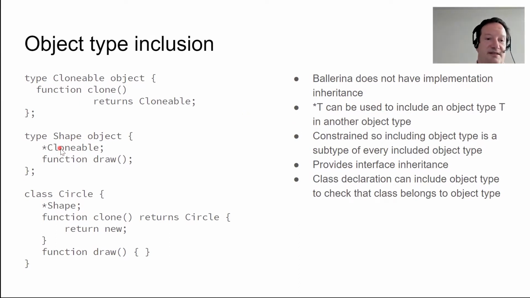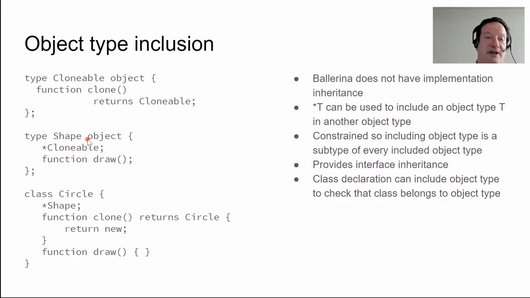So in this case, here we have a clonable. I've made up a clonable type, and so in here we've done clonable, so it belongs to clonable, and it also has another function. So this just copies that in to there.